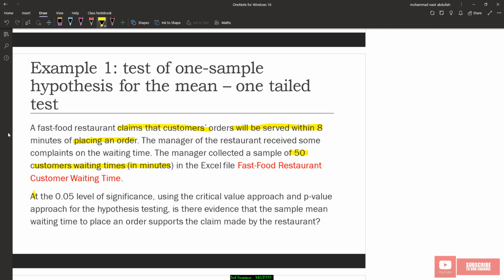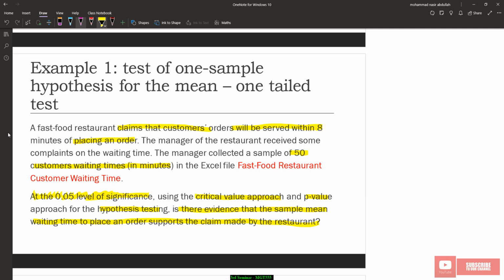At the 0.05 level of significance, using the critical value approach and the p-value approach, I will explain along the way for the hypothesis testing. Is there evidence that the sample mean waiting time to place an order supports the claim made by the restaurant?